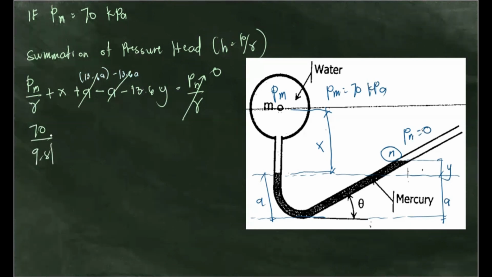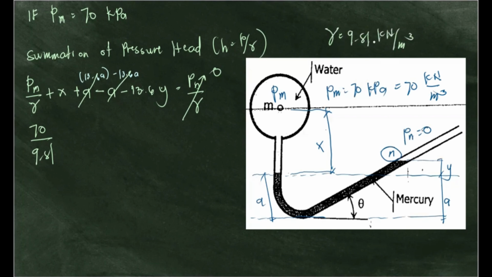What will be the remaining unit? If kilopascal, this is equal to 70 kilonewton per square meter. Then our gamma that we use, since water is our base, is 9.81 kilonewton per cubic meter. So kilonewton per square meter over kilonewton per cubic meter, what is left is meter. Just meter. Okay?